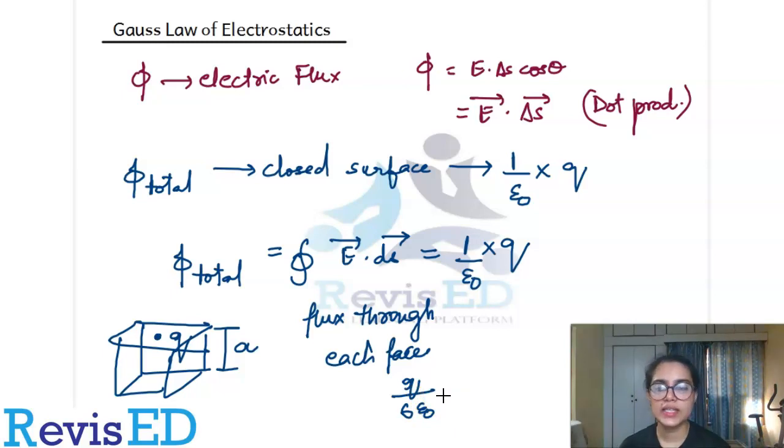The very basic concept to know about electricity is the electric field. Generally, the electric field for any surface is calculated by applying Coulomb's law, which we have already studied.